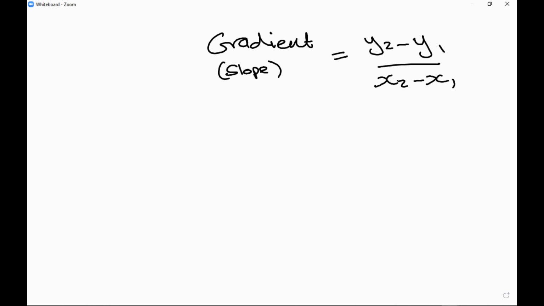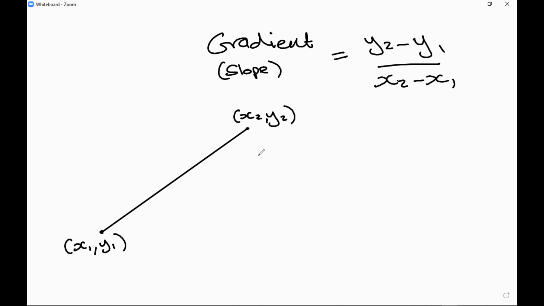So let's suppose I've got a line and I've got two points, two coordinates. The first coordinate at the bottom is x1, y1, and the coordinate at the top is x2, y2.